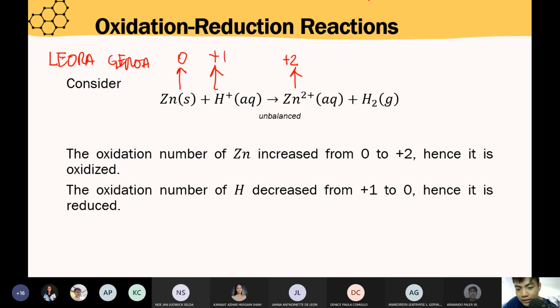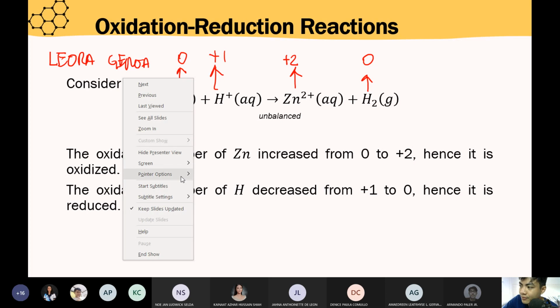And hydrogen gas, okay, so hydrogen gas, so look, dalawa atoms pero iisang element, tas walang charge. So this is elemental form. So it follows rule number 1, elemental form yan. So again, ano uli kapag elemental form? Walang charge, iisa yung element. Okay? So this one should have an oxidation number of 0.